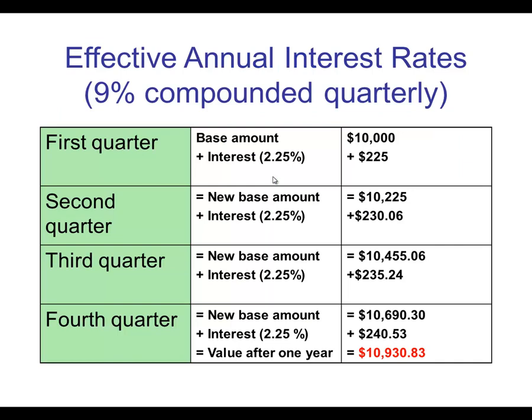This table shows the calculation for each period, and you can see how the value is increasing, and we are actually charging interest, the 2.25%, on the new value, the new amount.